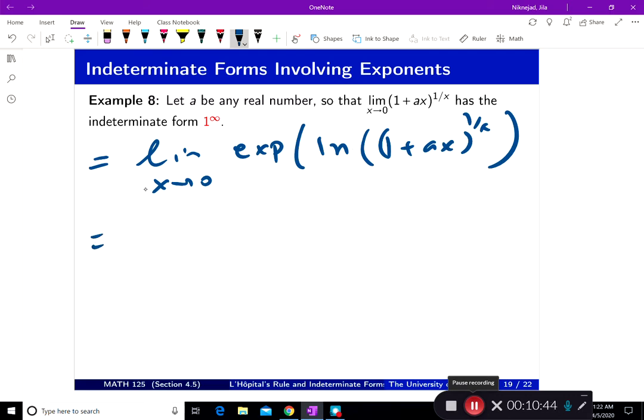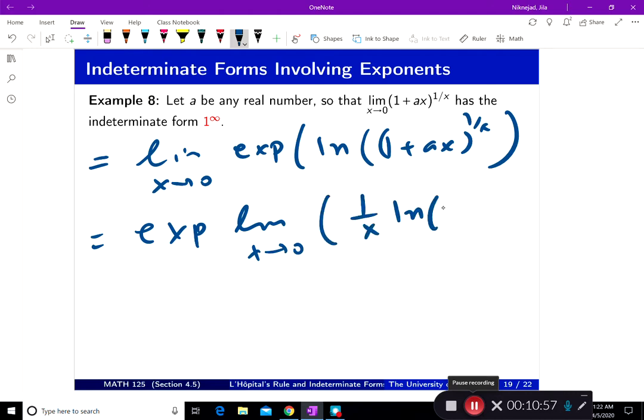And I can even bring the limit in as soon as I see it. Limit, and then simplify the natural log. It's 1 over x times natural log of 1 plus ax. Now I have natural log of 1 is going to be 0, 1 over x is going to be infinity.